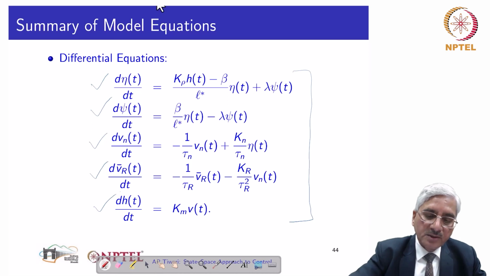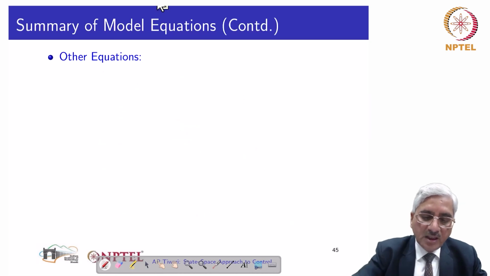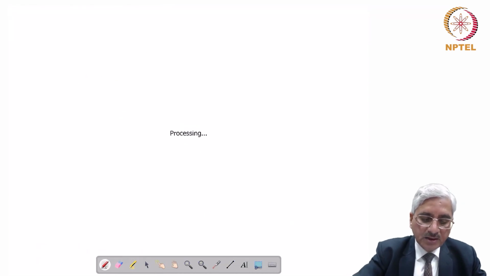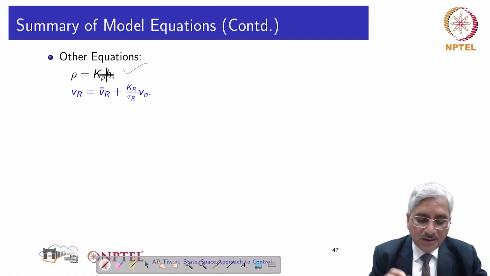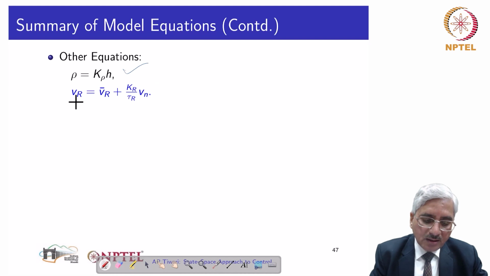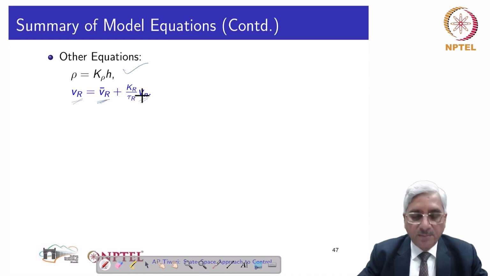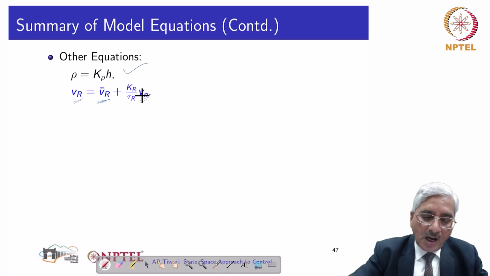They are differential equations. Additionally, we have 2 algebraic equations. One relates reactivity to the control rod position, and the other relates the output of the differentiator to one intermediate variable VR bar and the voltage of the linear amplifier. And we have these various parameters.